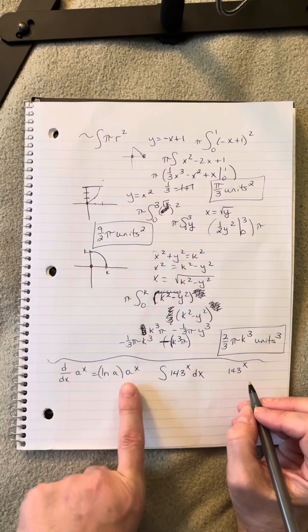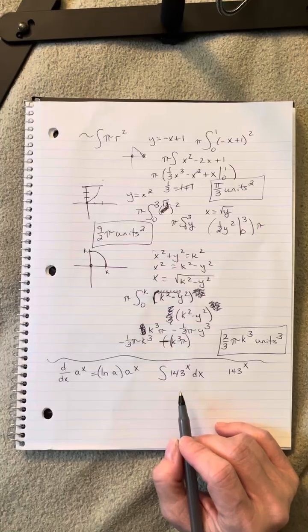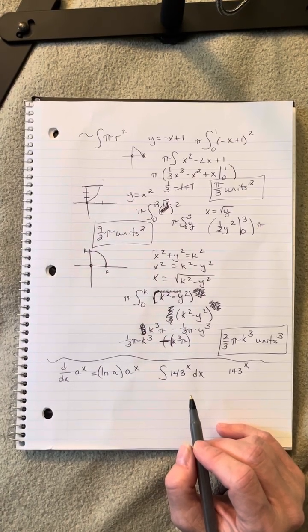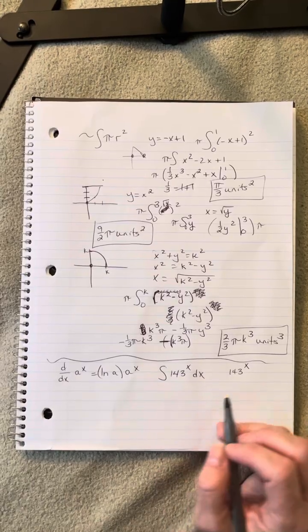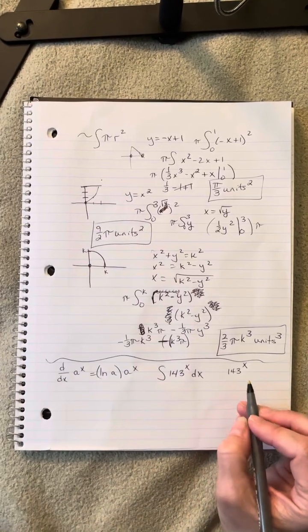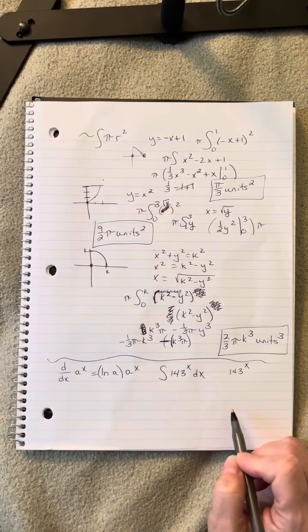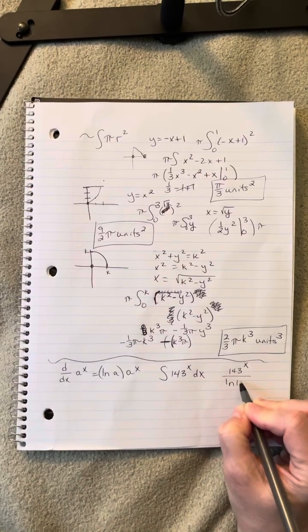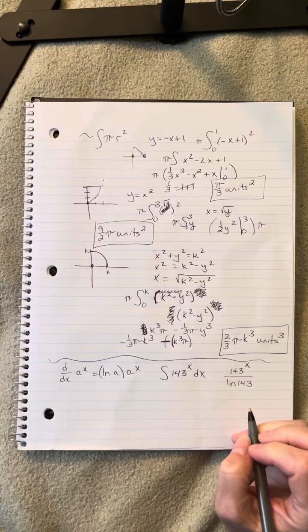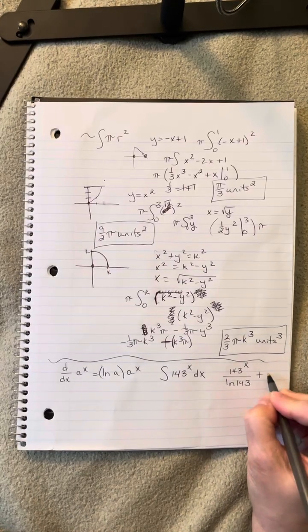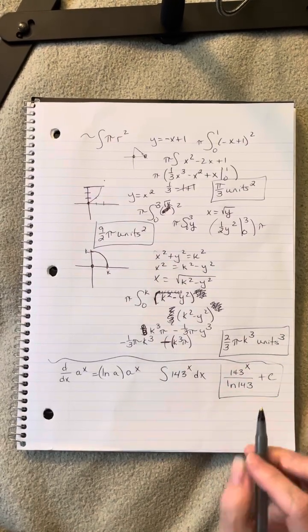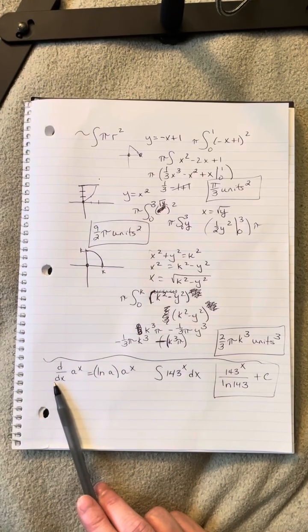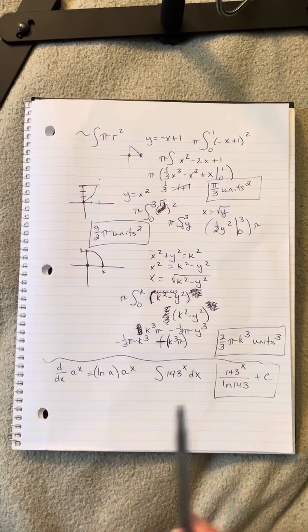And then when we do the natural log of 143, because it's integrating, we end up putting it underneath. So we have the natural log of the 143 in the denominator part plus c because it was integration. So I didn't follow the formula exactly because this was the derivative and we were working backwards, but I hope you see the correlation there.